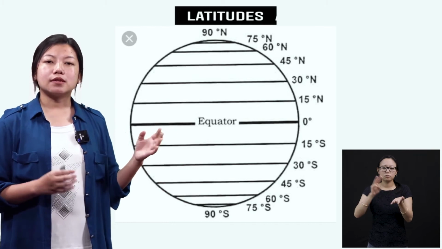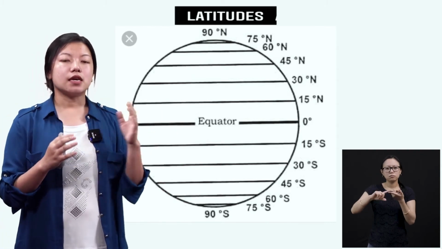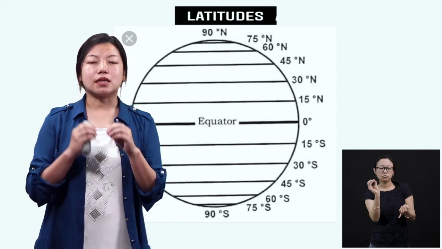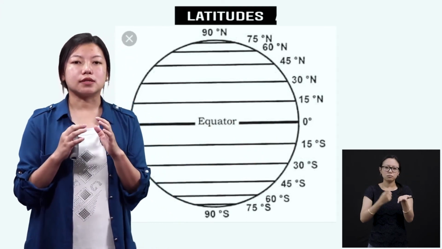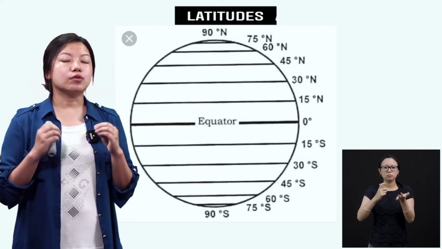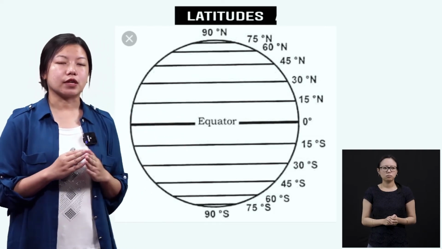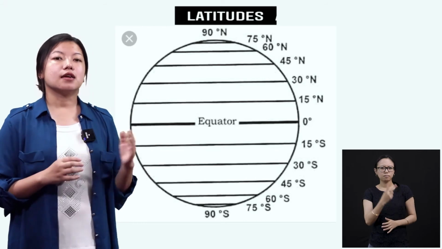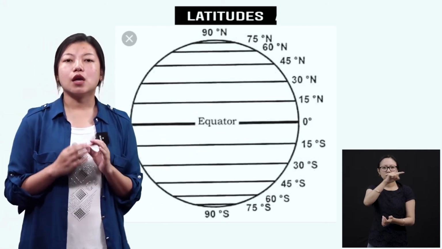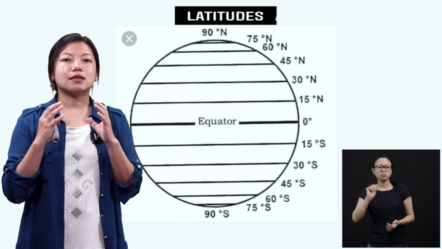Now the equator, since it is in the middle, it is marked as 0 degree. That means it is the starting point, all right? Are you listening carefully? You have to watch this image carefully, all right, to understand. Now the line in the middle is 0 degree because it is the starting line.